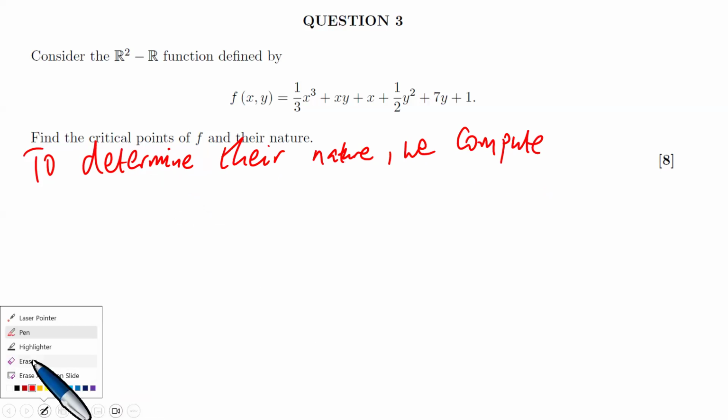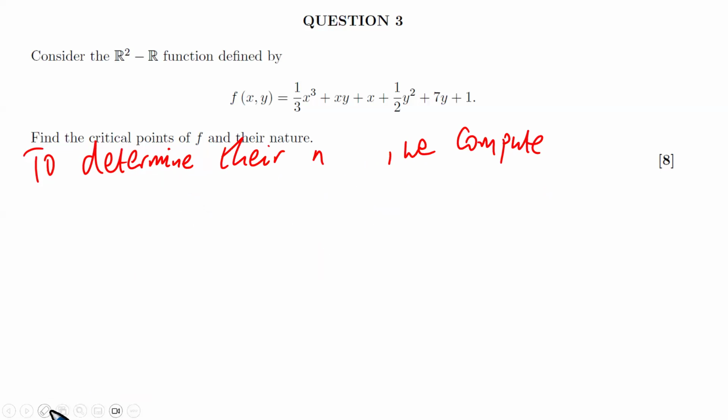to determine their nature, we compute the determinant, or what you call the discriminant.